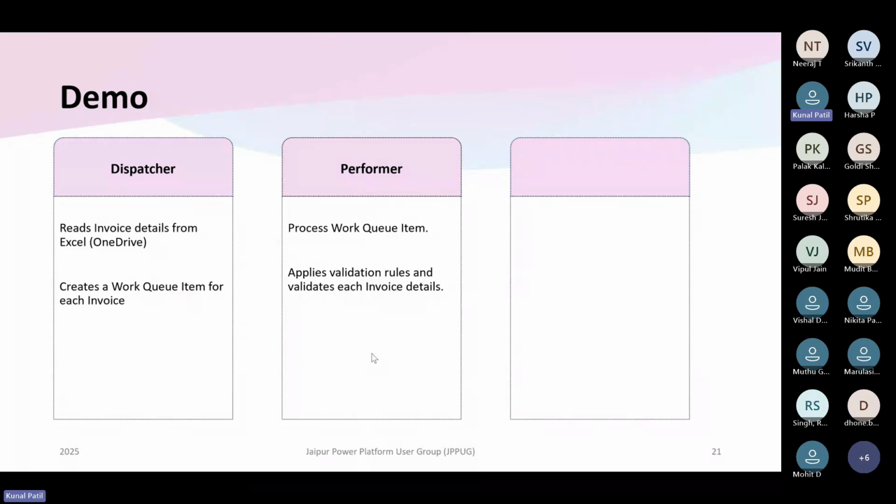So let's implement a validation on the invoice amount. An invoice amount cannot be zero. If the invoice amount is more than 1 lakh, then it must be approved by a higher authority. The performer validates and then updates the status of the invoice based on whether it passes or fails those checks.